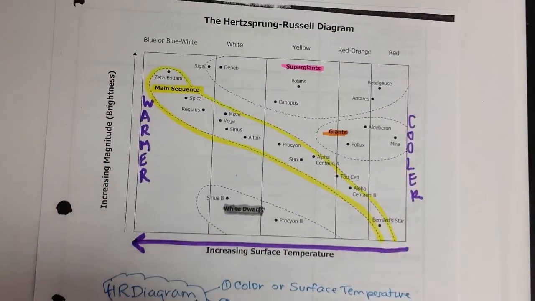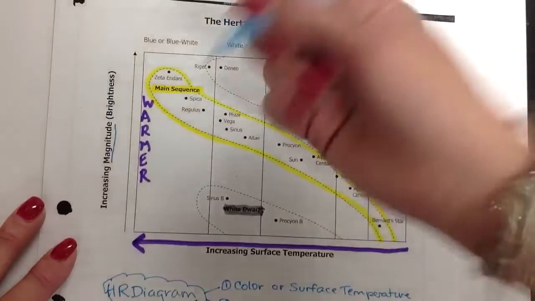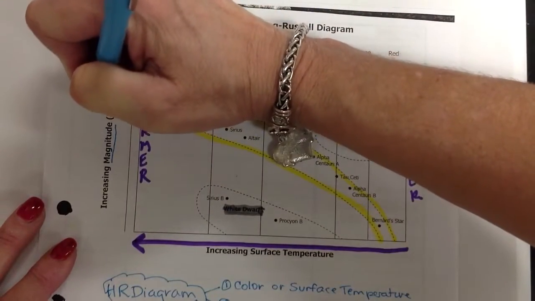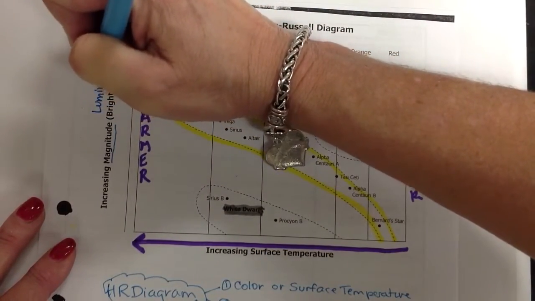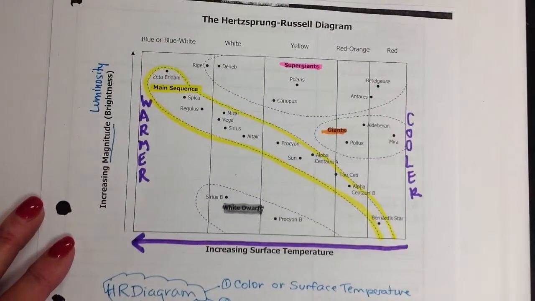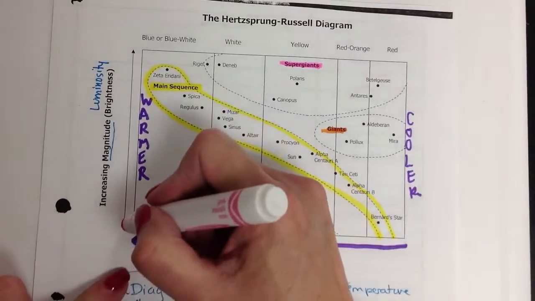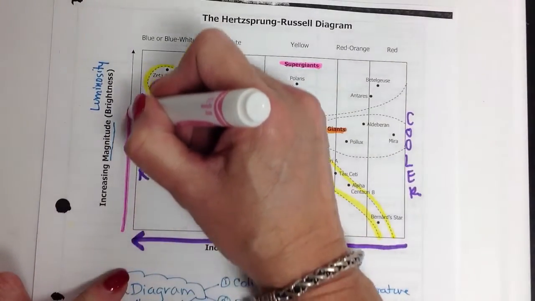And then brightness, and we already know that it's sometimes called magnitude, but it's also sometimes called luminosity. So we're going to add that so we don't forget. Okay, so brightness increases as you go from the bottom of the diagram to the top.